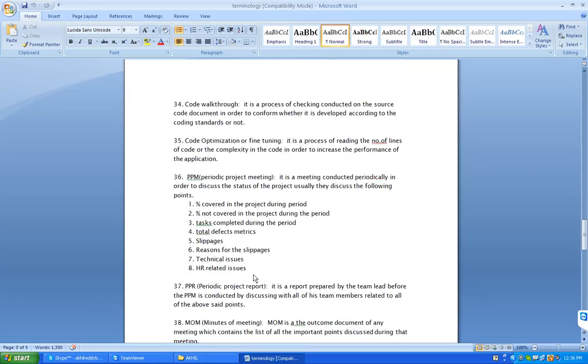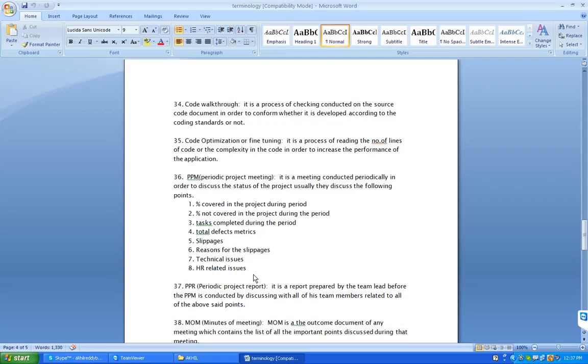Next, PPM. PPM means periodic project meeting. In this meeting, they discuss points such as how much percentage of the project is covered during this period, how much is not covered, what tasks are completed, total defects and slippages, the reasons for slippages, and technical issues and HR related issues.